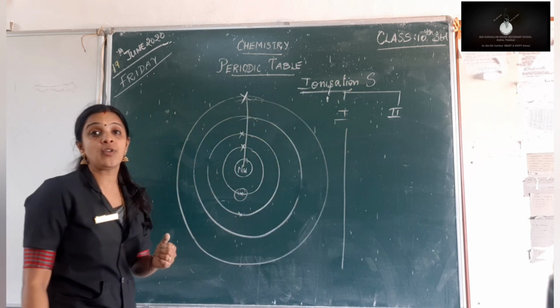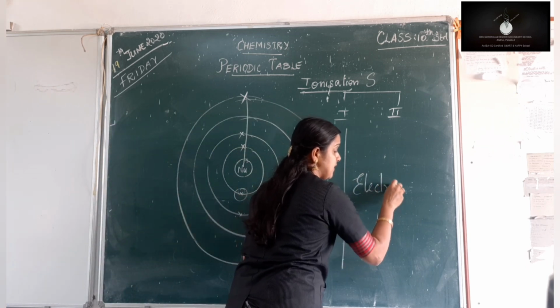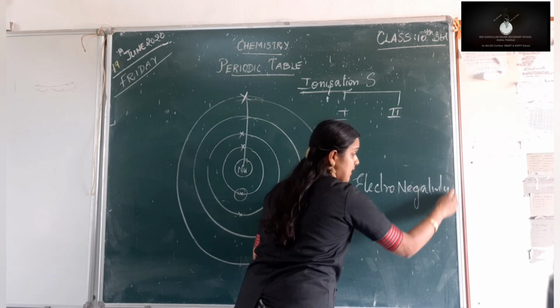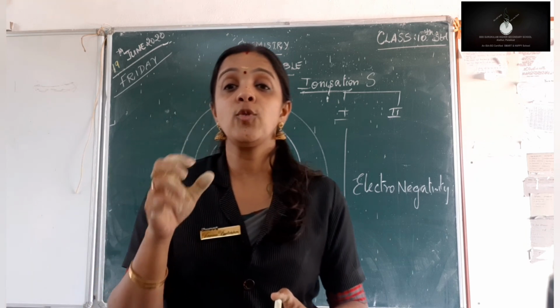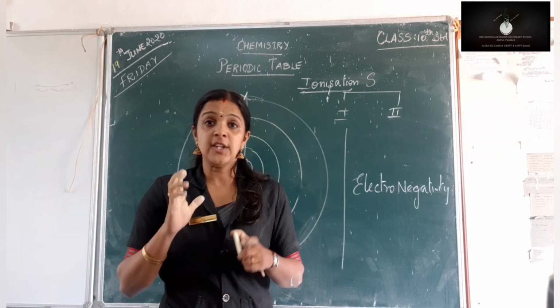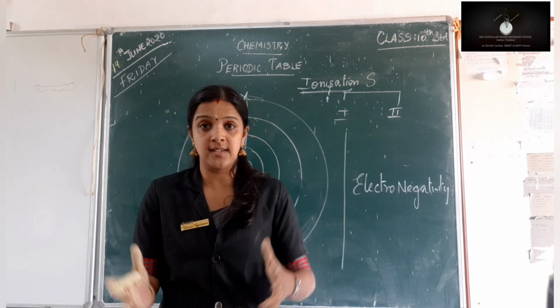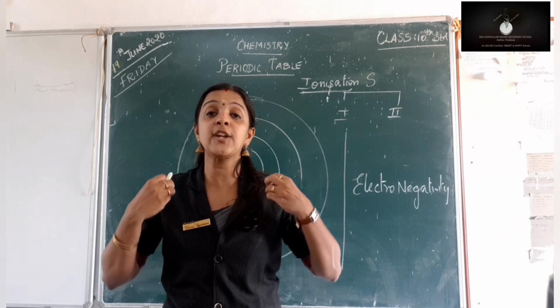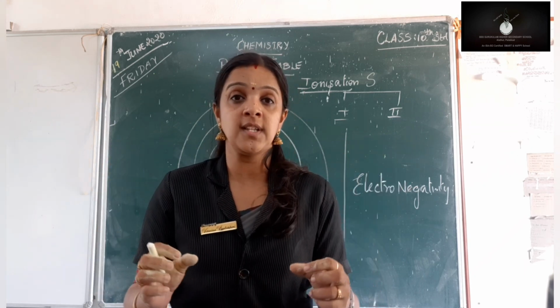What is electronegativity? This is another term which you have studied. Electronegativity means tendency to attract an electron. Now we know group 1 and group 2 elements are metals. So metals, they don't want electrons, instead they are good in donating electrons. They want to give the electrons.